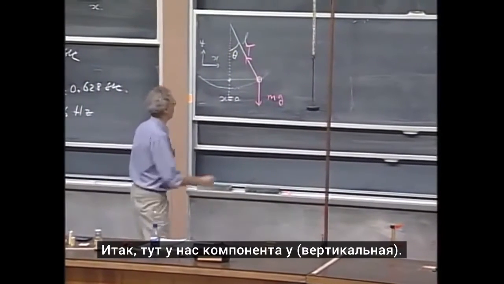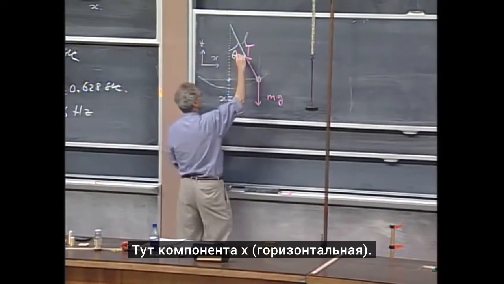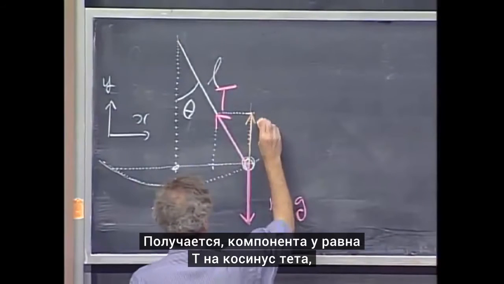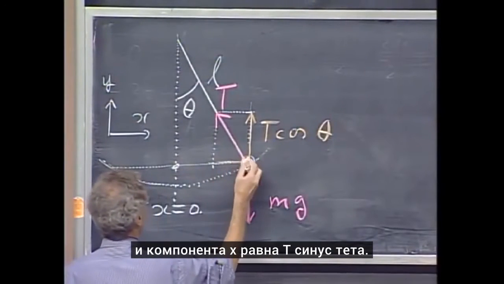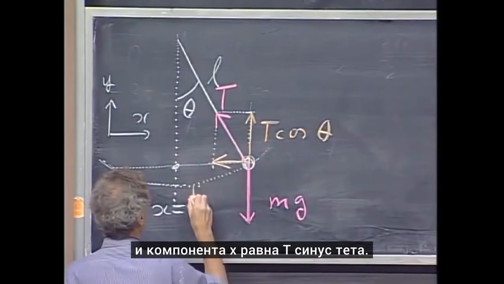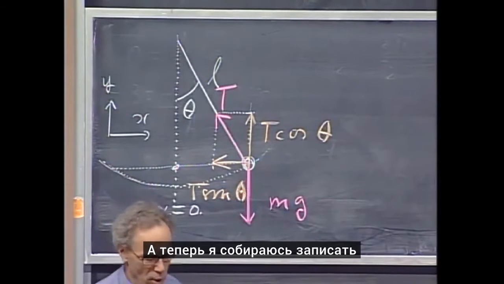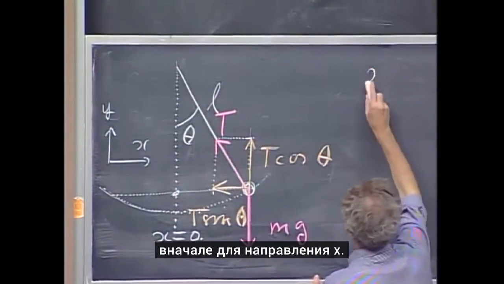So this is going to be the y component, this is the x component. So this y component equals T cosine theta, and the x component equals T sine theta. And now I'm going to write down the differential equations of motion, first in the x direction.